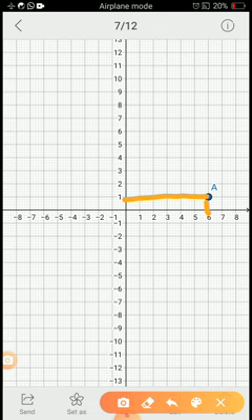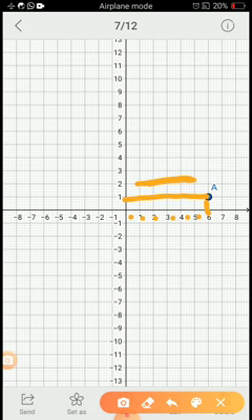Now, since we know that the x coordinate is the distance of the point from the y-axis, this distance is what? 1, 2, 3, 4, 5, 6.